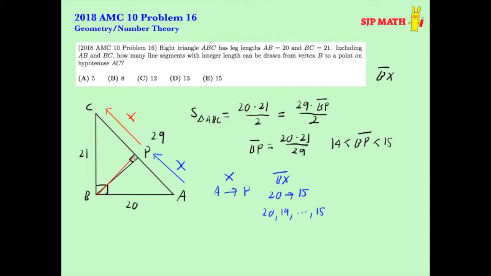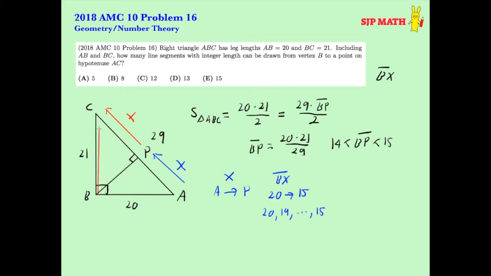We know that BP is 14 point something, and we only want to deal with integers here. So this length, as X moves from P to C, is going to range from 15 to 21.